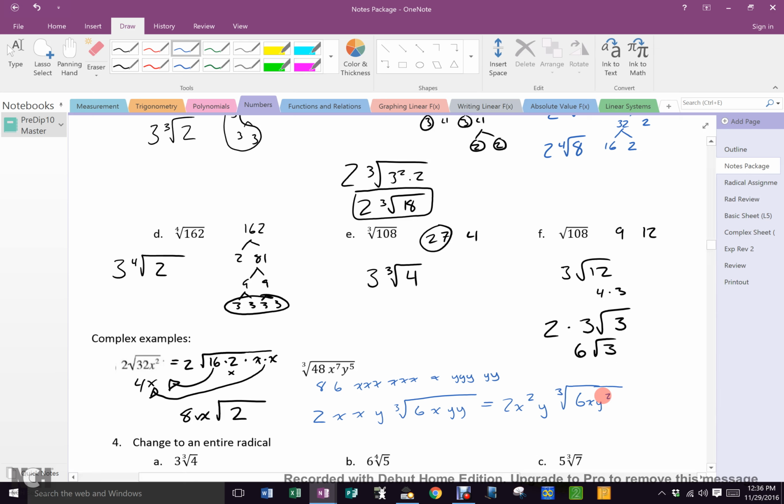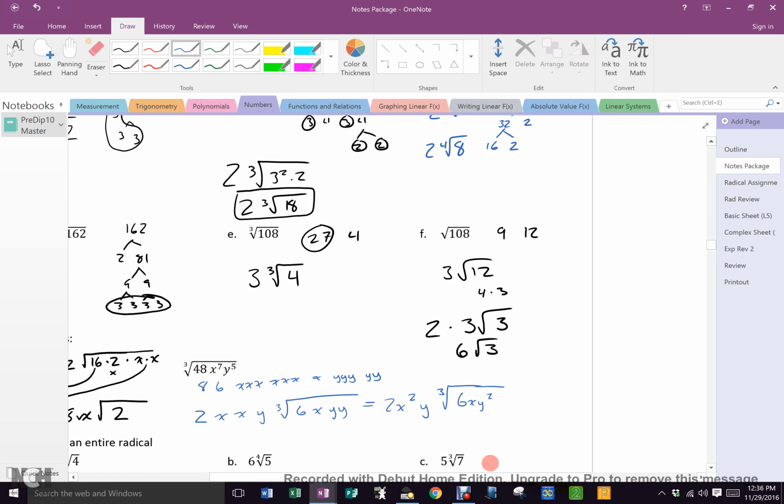Yeah, you just divide out the exponents, and any remainders stay under there. Easy peasy, right? So what happened there really was I had cube root. I'm going to forget the 48, because you all understand 48, right? You all know how to do numbers. So I had x to the 7th, y to the 5th. 7 divided by 3 is 2, right?